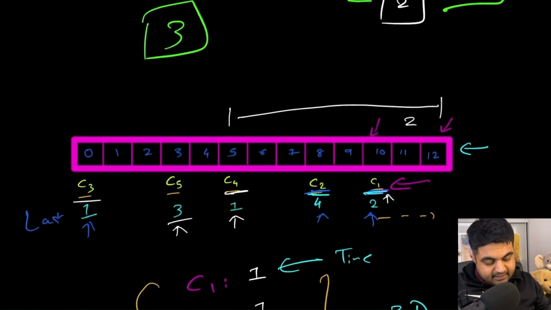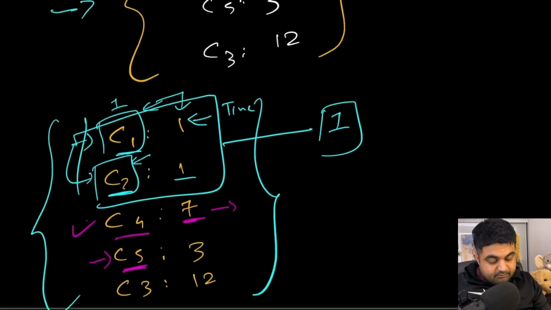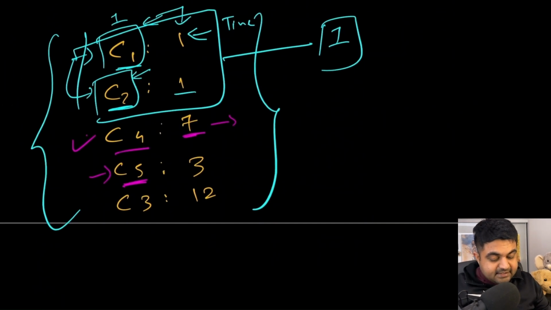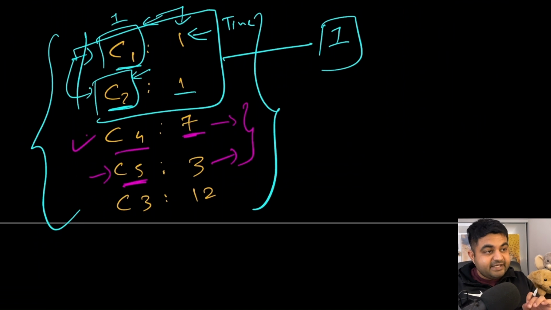Let's try to once again understand using this plot, because after the very first hour, C5 and C4 would both be at the same place. And how do we find out? Because we can see the time it takes for both of them to reach the destination. So these two also have to be part of a single fleet.